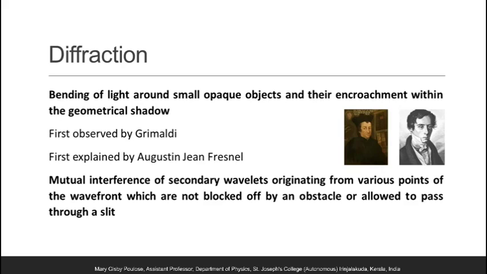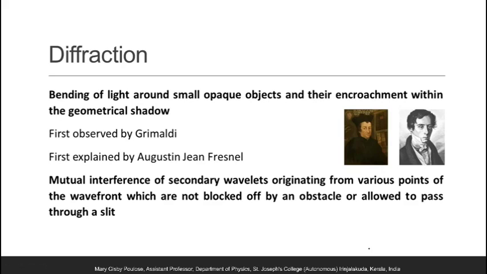So if we have a source of light S and it emits rays, each point of the wavefront acts as a secondary source for secondary wavelets.